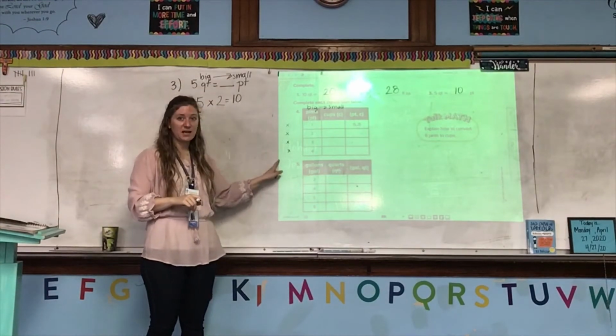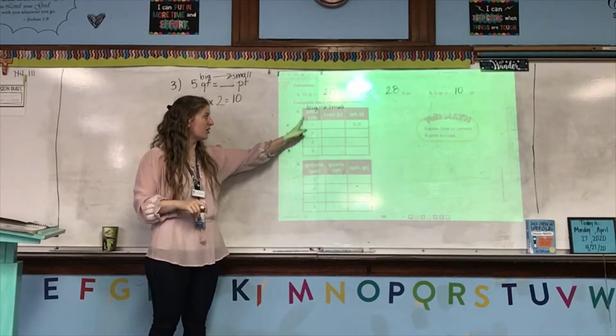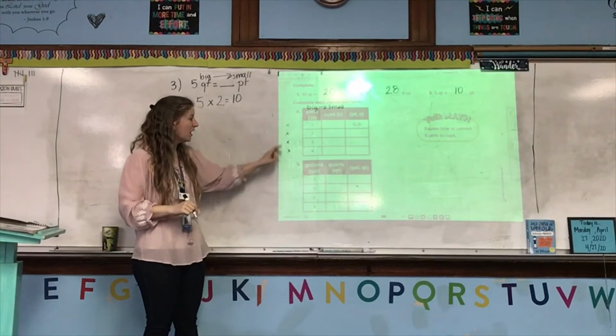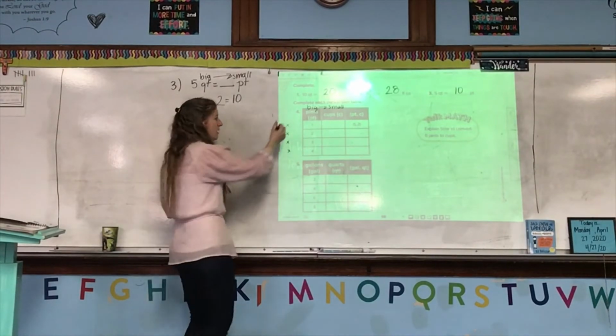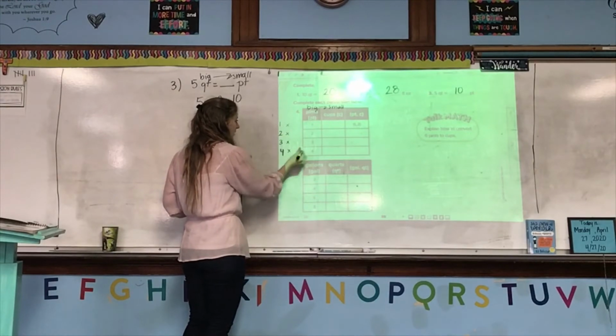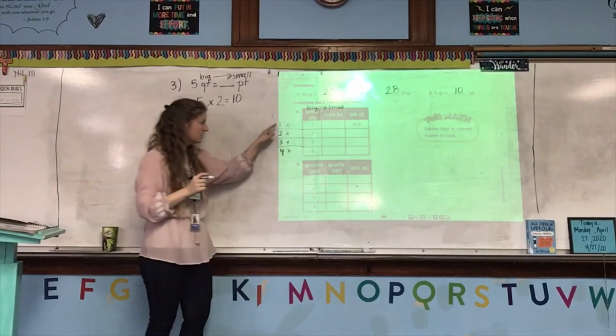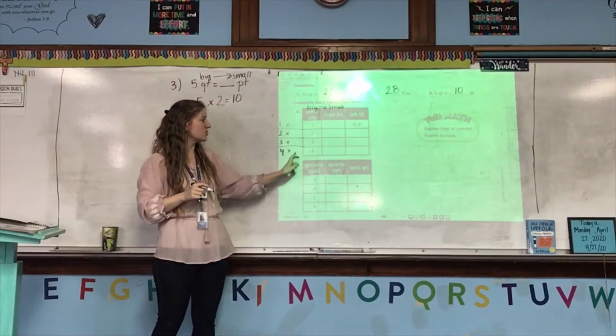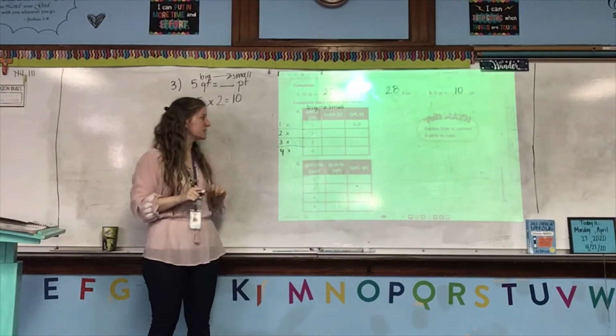Now I have to set up my equation. I know the number of pints each time. I start with what I know, so I'm going to go ahead and put what I know. If you'll notice, I'm just continuing the chart and I'm just writing the equation that's going to get me the number of cups.